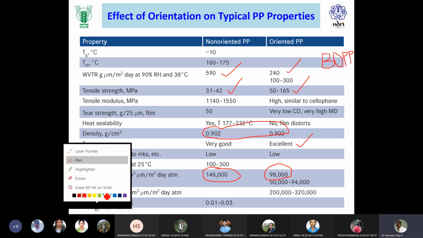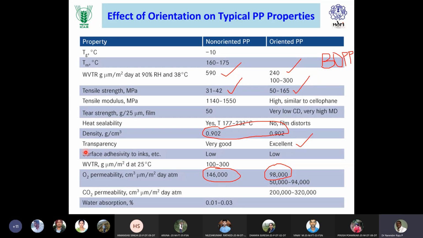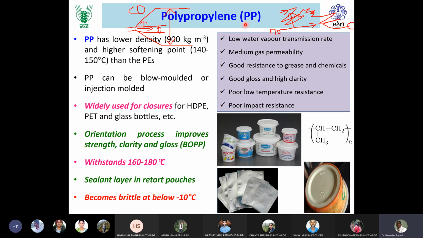So with this, let me tell you that the properties of biaxially oriented polypropylene and non-oriented polypropylene differ. In general, when we talk about cast polypropylene, without subjecting it to any other treatments, there are three different types of material that can be obtained. One of the important ones is atactic polypropylene.